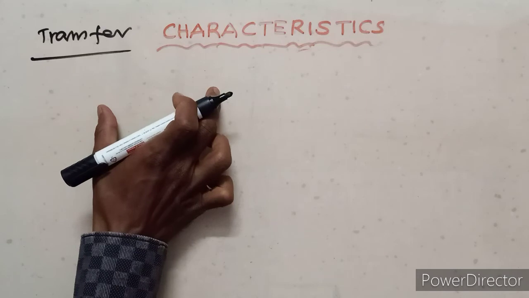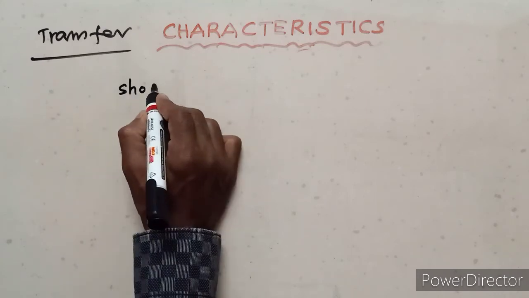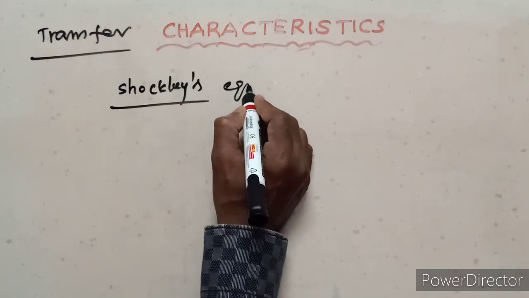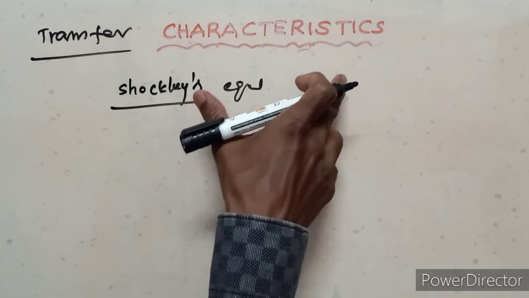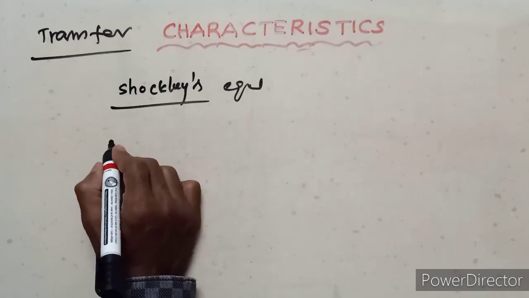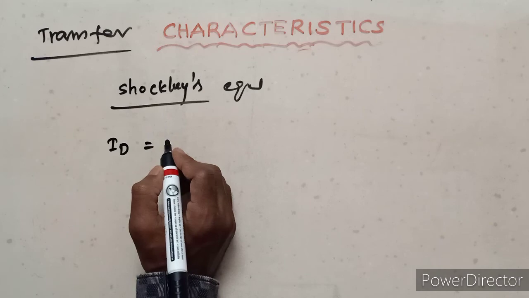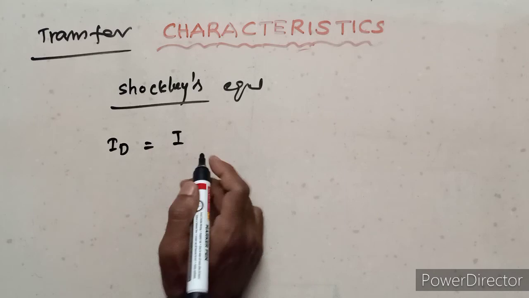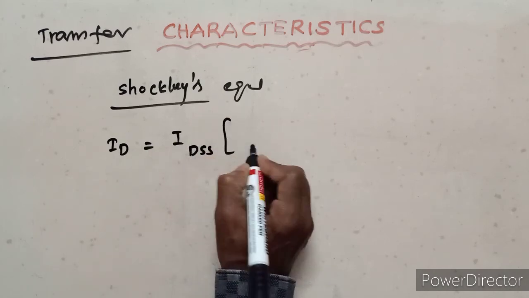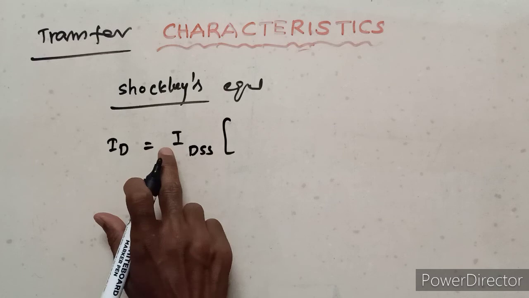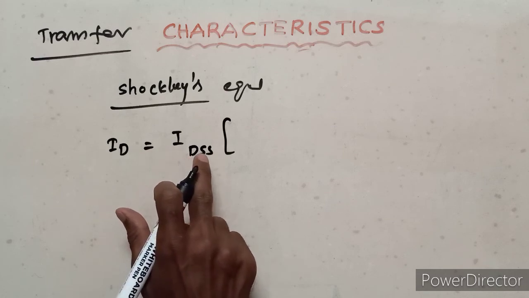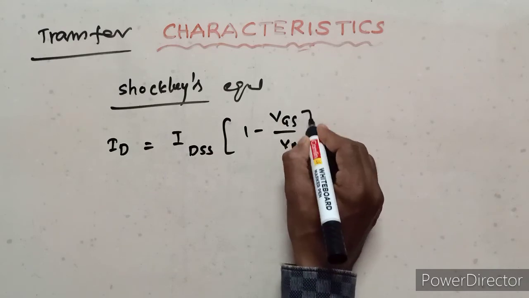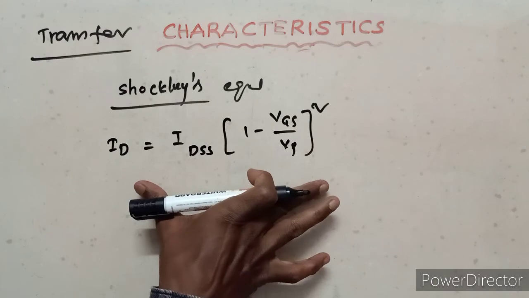The transfer characteristics are produced from Shockley's equation. That equation is ID equals IDSS, the saturation current between drain and source, times (1 minus VGS upon VP) whole squared. This is Shockley's equation.